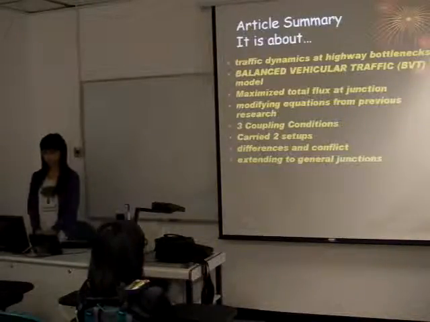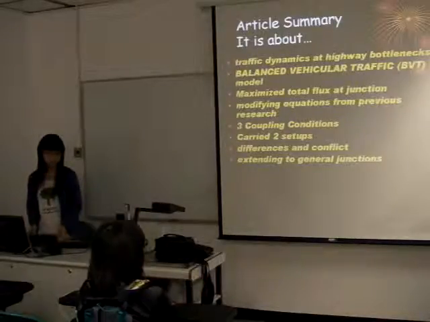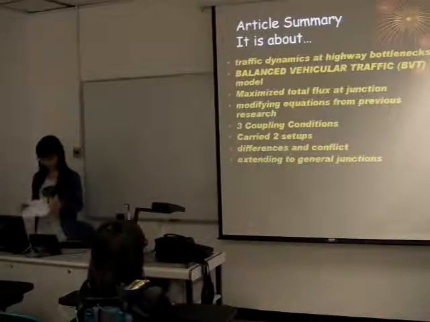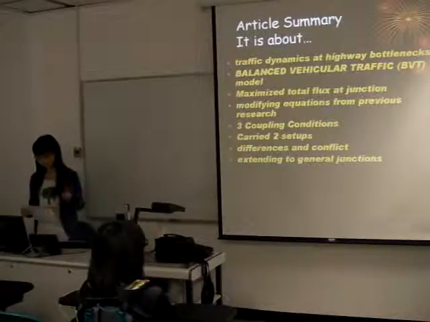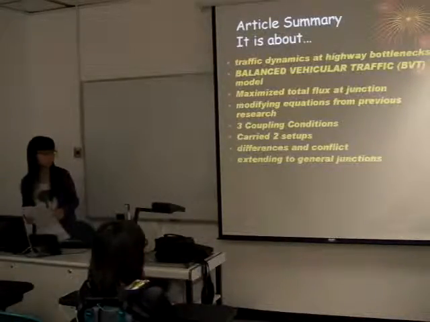And in fact, the approach is quite similar to the previous paper. However, the writers mentioned some limitations of the previous paper, and then they modified the equation in this article.